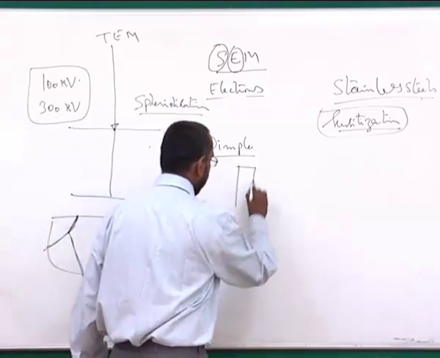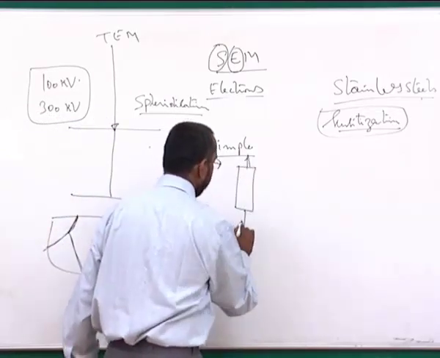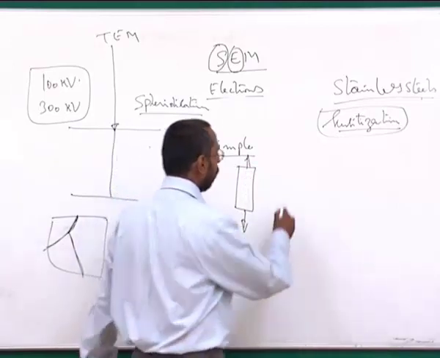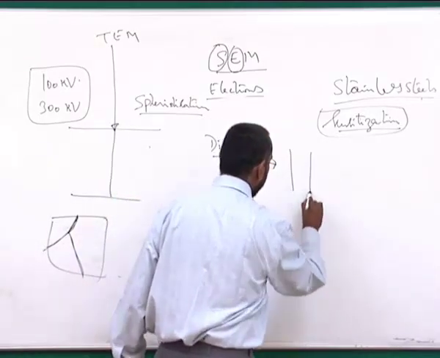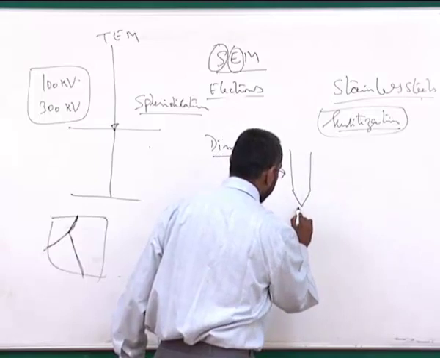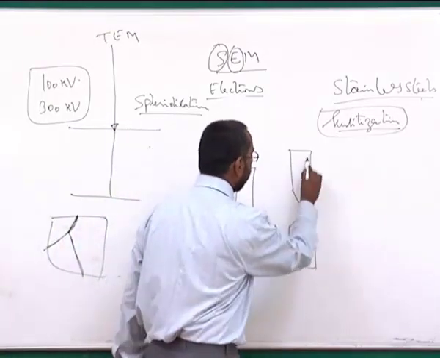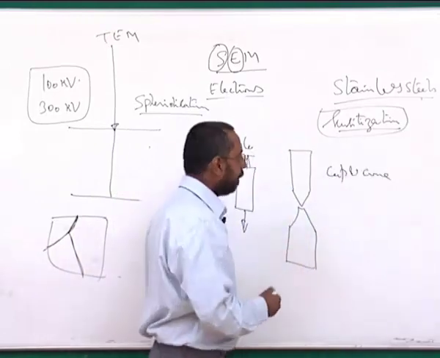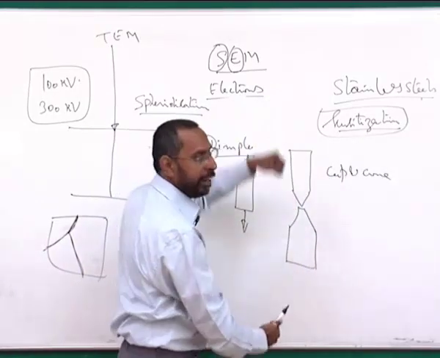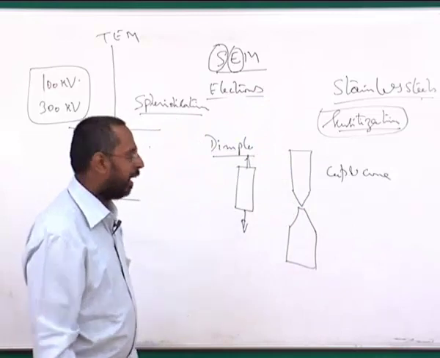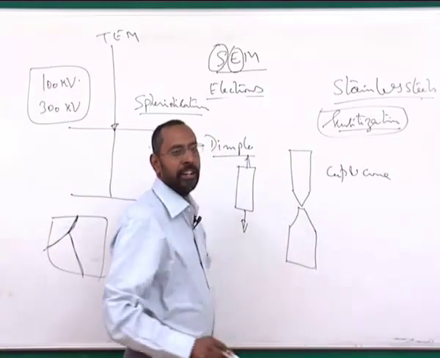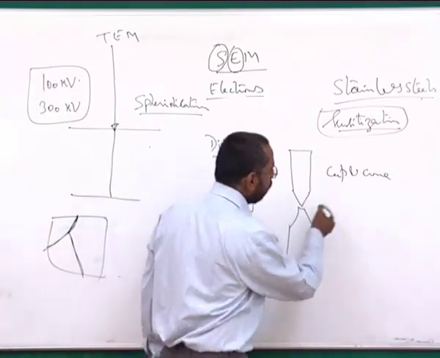For example, if you take a ductile material and subject it to tensile forces, you will see that the material finally fractures with this kind of a feature, which people regularly call a cup and cone fracture, where the material slowly gets distorted, and you will have certain voids that are created around some inclusions.